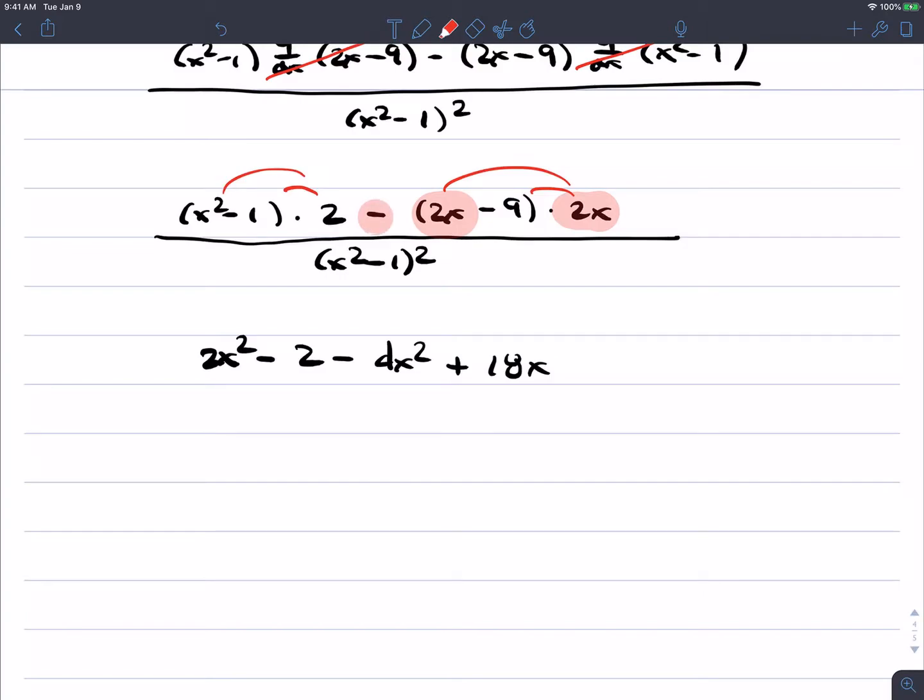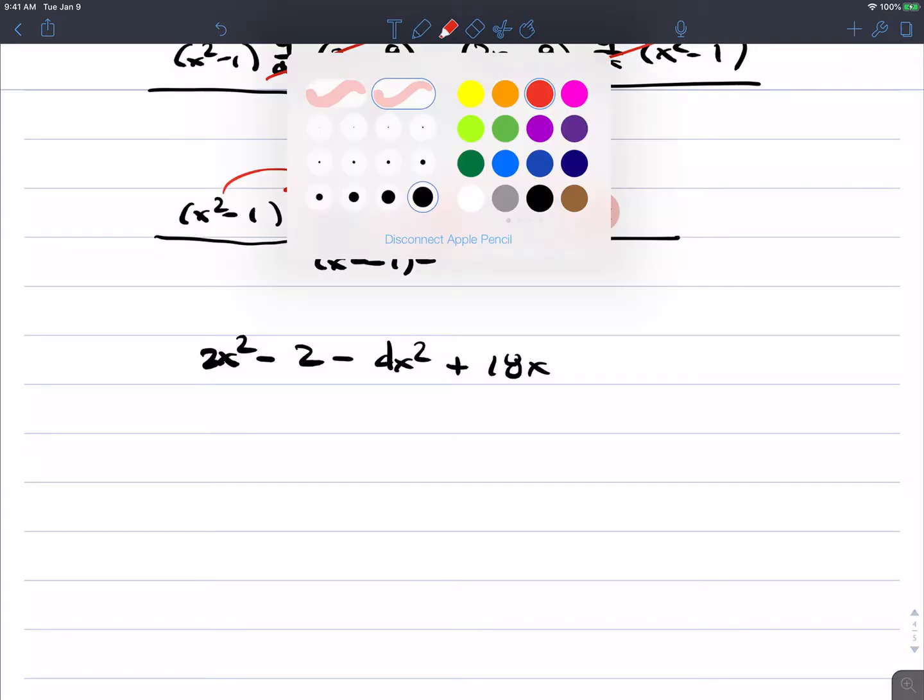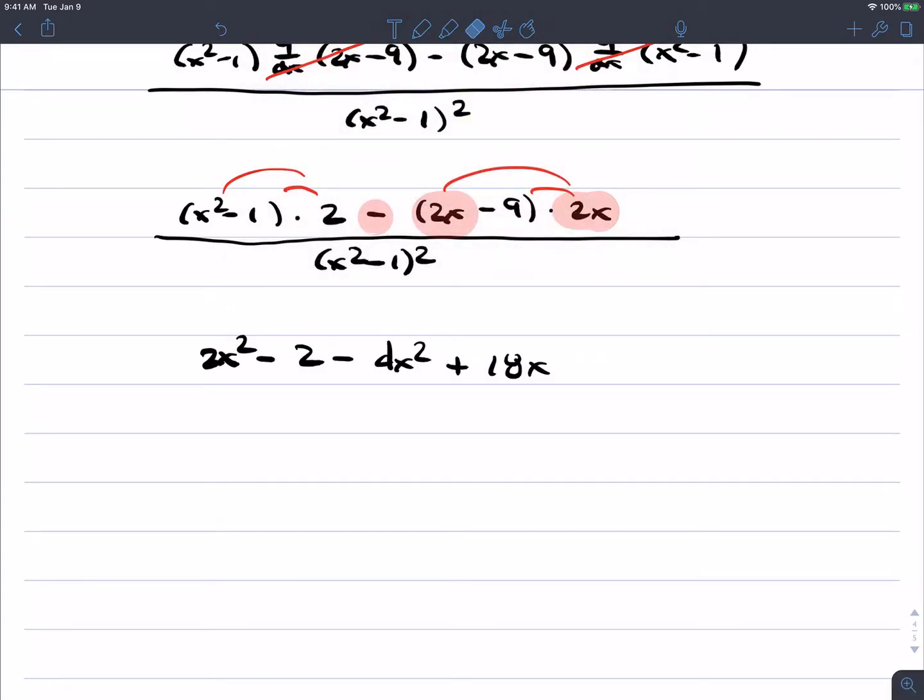This is why it's minus 4x squared. And then, if I do this, let's erase this here. We're going to take the 2x times negative 9, which gives us negative 18x. But again, don't forget there's a minus sign. This is opposite. So this is why we end up with what we have, over x squared minus 1 squared.